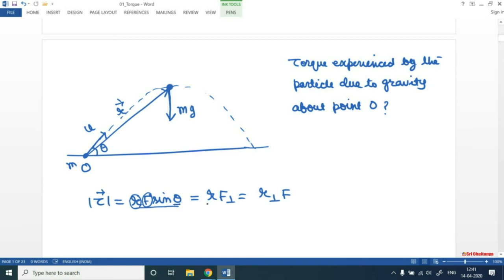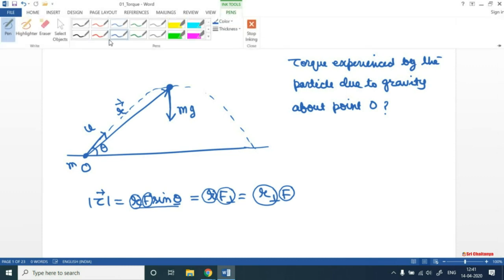If we use the formula rF perpendicular, r we need to calculate first, and F is given, but we need to calculate the perpendicular component of force, which is not directly given. So using this formula will also not be very appropriate over here. But looking at the third formula, r perpendicular into F, the magnitude of force is known to you, so we only need to look into the perpendicular component of the position vector. So that seems easy for us.